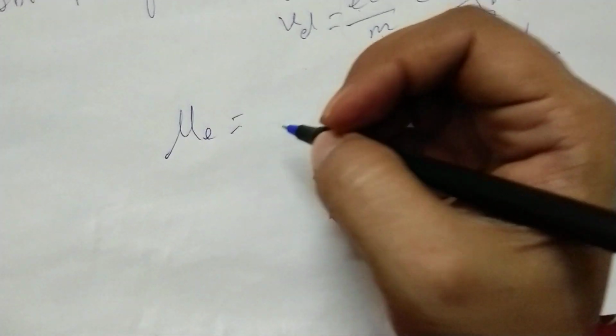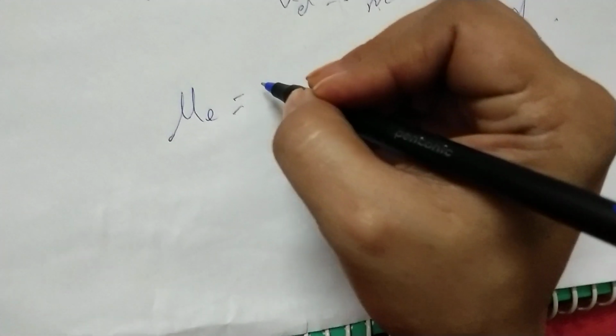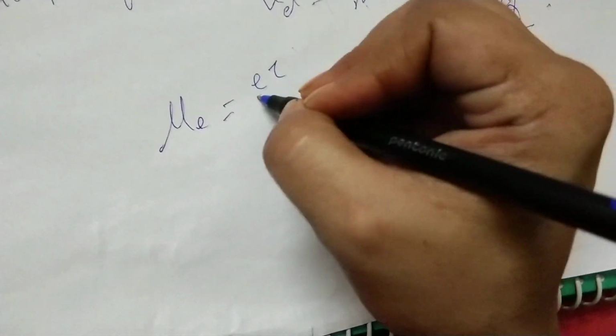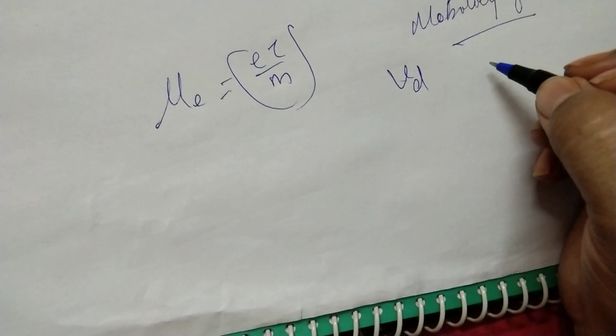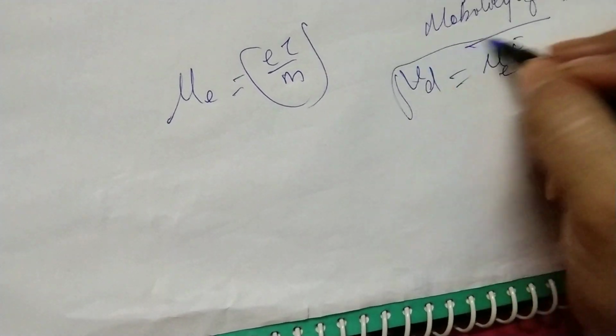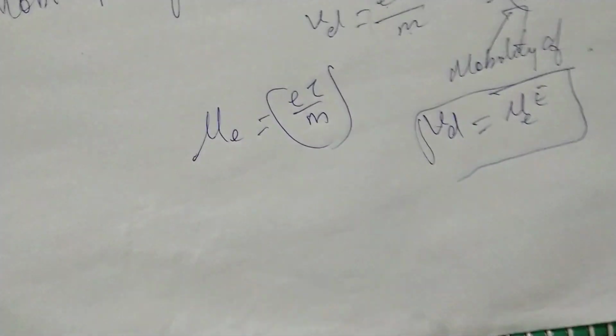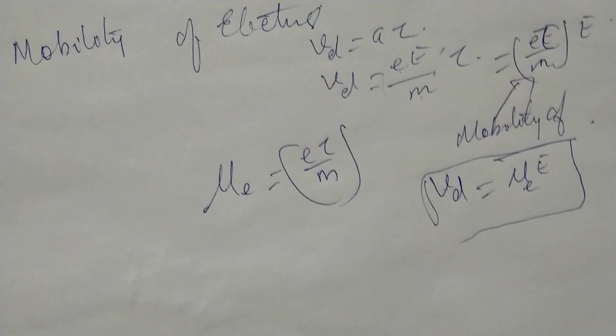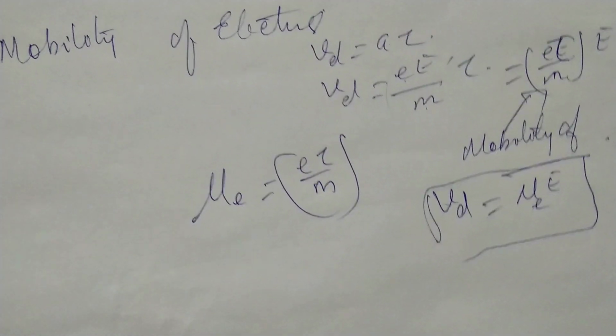So the formula for the mobility is mu = e tau by m, and we can very well see that the drift velocity is equal to mu E. This is the relation that we get for the drift velocity.